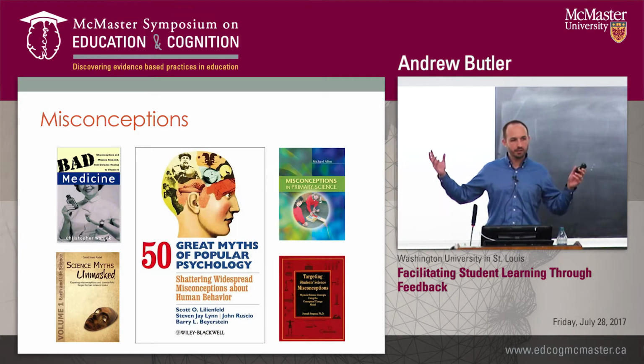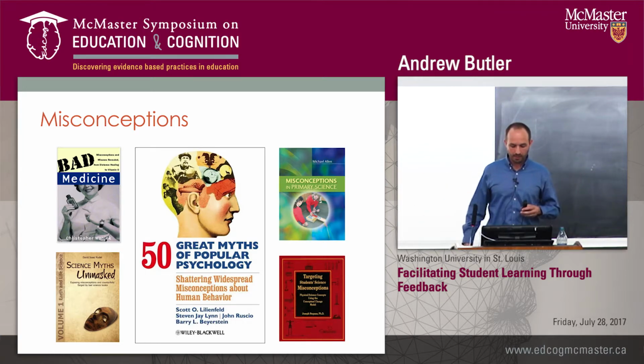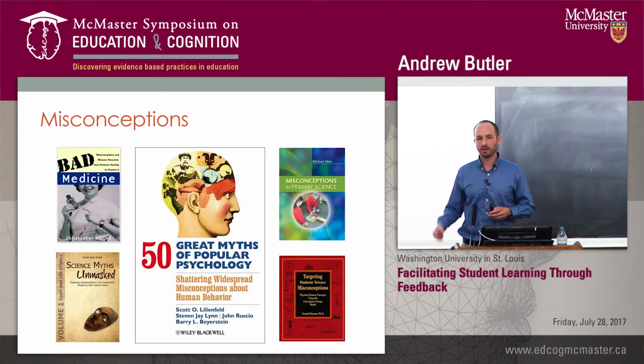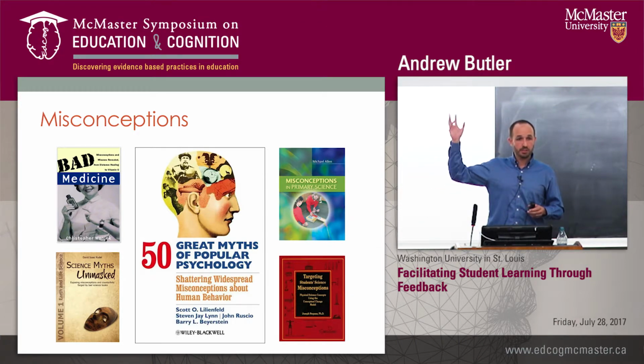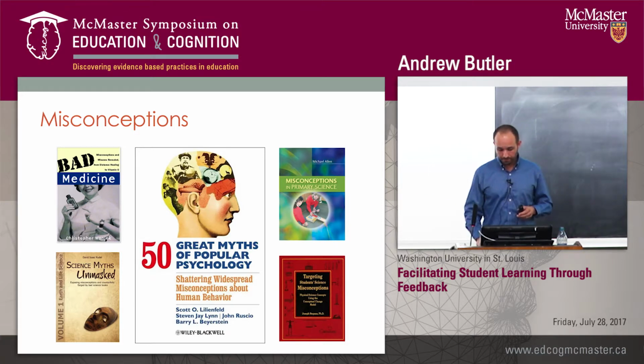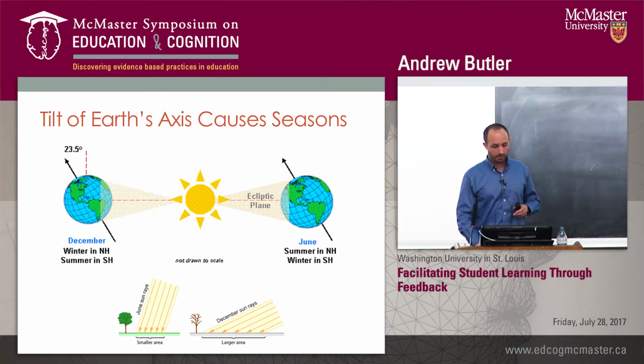Misconceptions can be about all kinds of things, right? Science, right? I'm particularly fond of misconceptions about psychology because I like to try to combat those things. That's what I care most about. But there are misconceptions about just about anything you could imagine, right? History, biology, physics. Here's an example of one. Many people believe that the cause of the Earth's seasons is the fact that sometimes the Earth is closer to the sun and sometimes it's farther away.